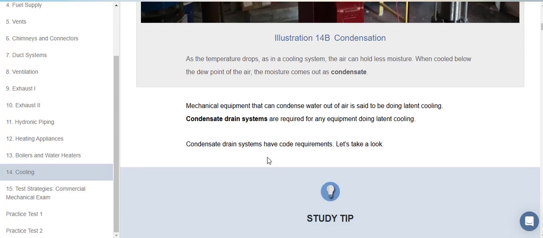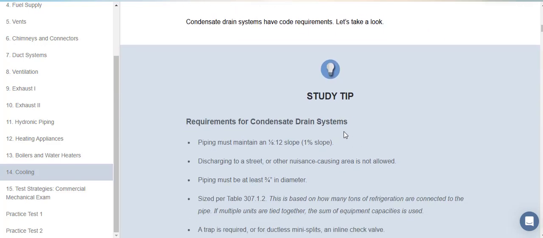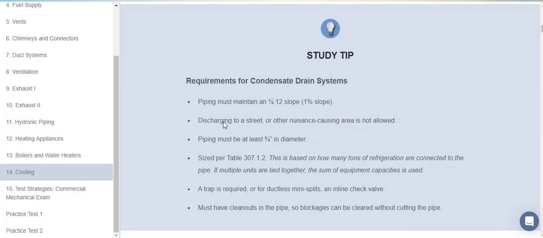Condensate drain systems have code requirements. Let's take a look. Study tip: requirements for condensate drain systems. Piping must maintain a 1 per 8 slope, 1% slope. Discharging to a street or other nuisance-causing area is not allowed.